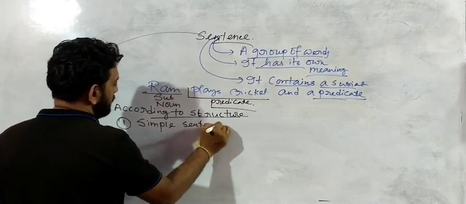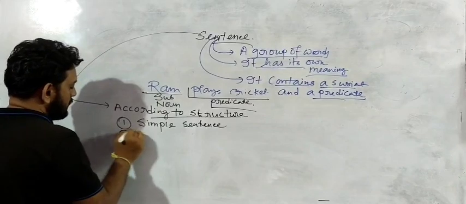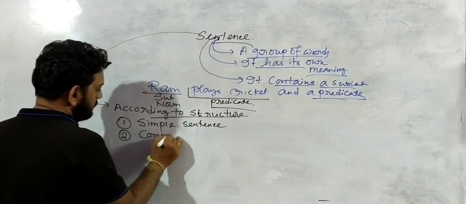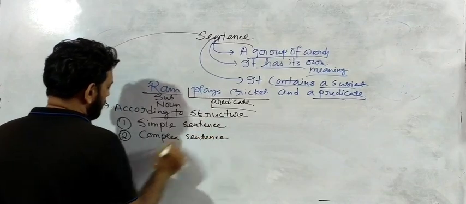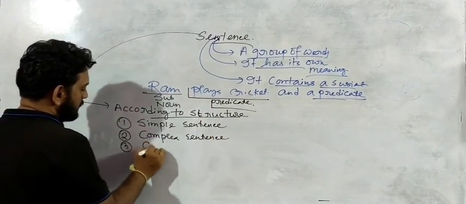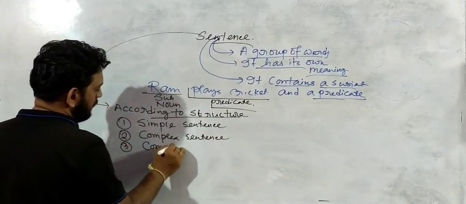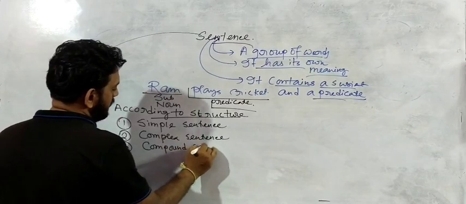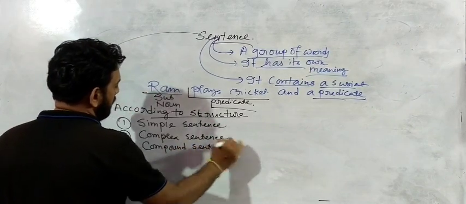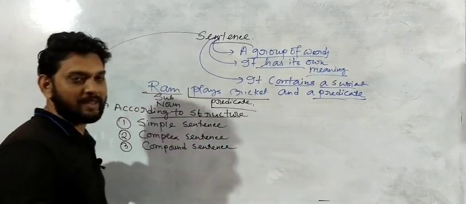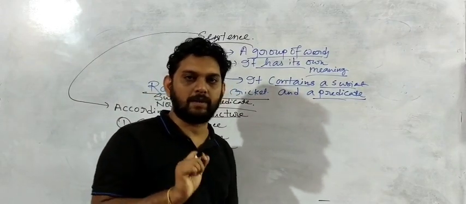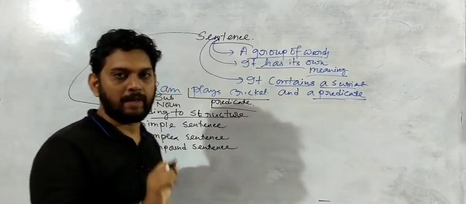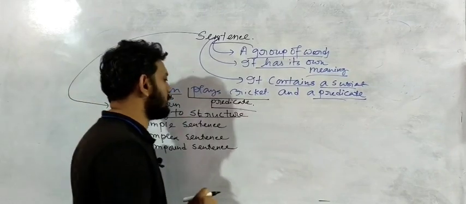Second one is complex sentence. Third one is compound sentence. Okay, according to structure, sentence has been divided into three parts. First one is simple, second one is complex, and third one is compound sentence.